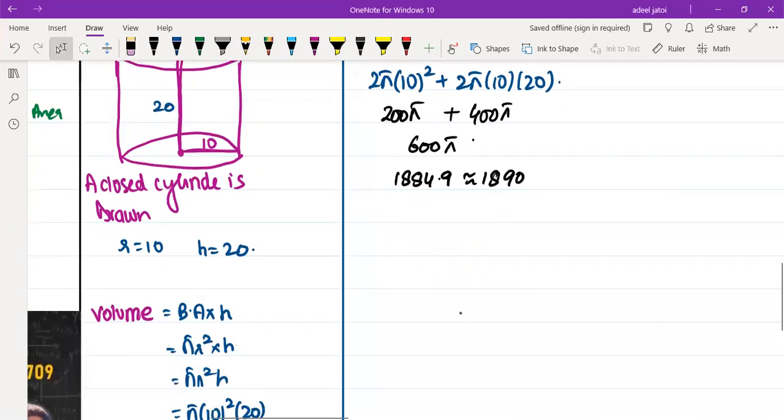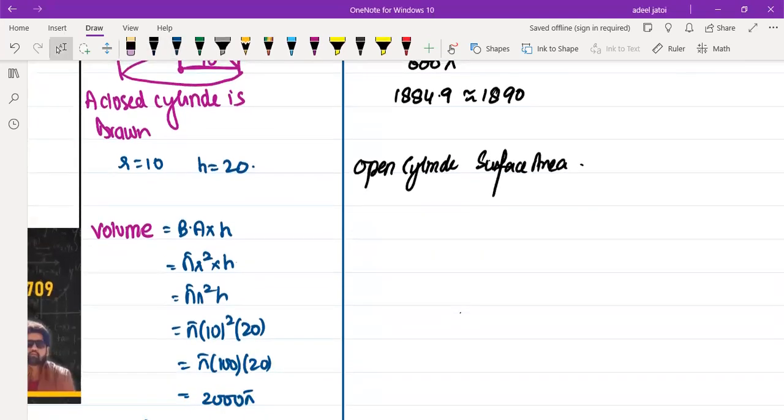If I say we have an open cylinder surface area, that means there is one particular circle that is not at the top. So the figures would be a circle at the bottom and the curved surface area. So the circle at the bottom, pi r square, plus 2 pi r h.